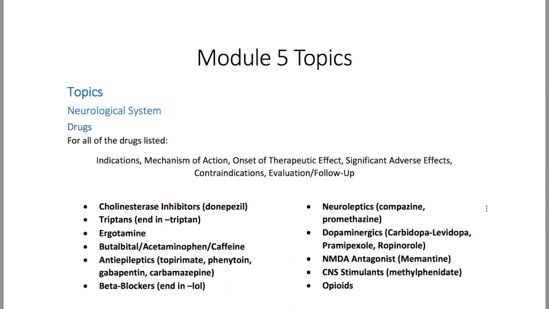We're also going to discuss the neuroleptics, compazine and promethazine, dopaminergics, including carbidopa, levodopa, pramipexole, and ropinirole, and then the NMDA antagonist memantine, the CNS stimulants, methylphenidate, and the opioids. So those are all the classes of drugs we're going to cover in Module 5 for the neurological portion.